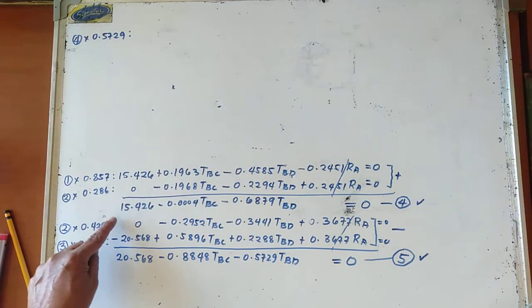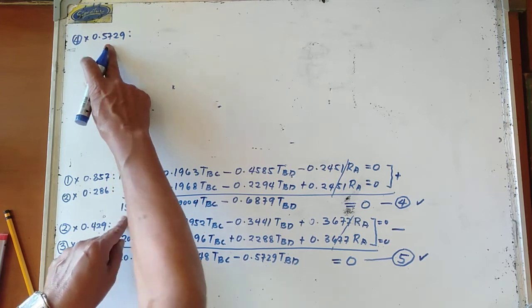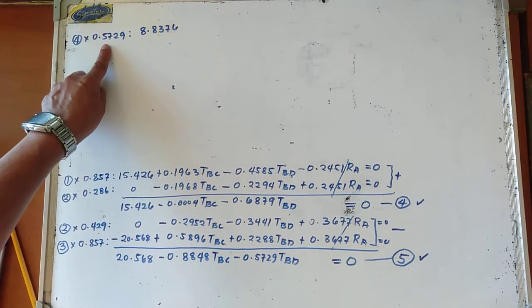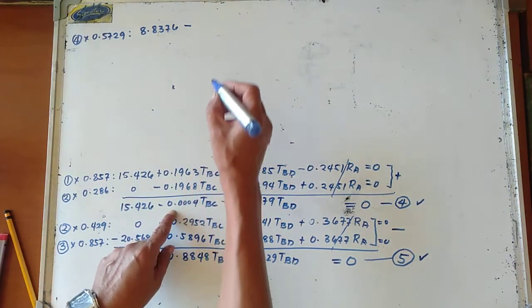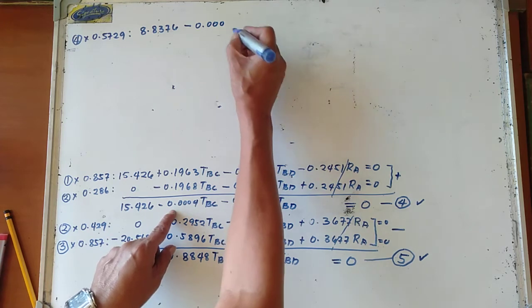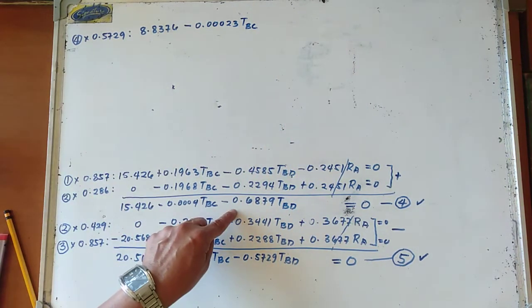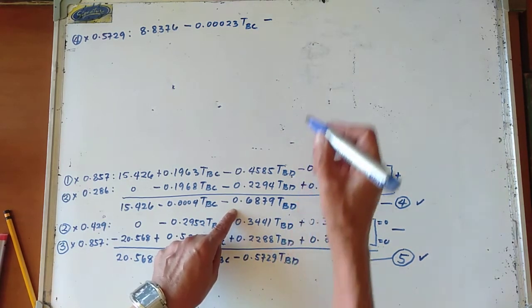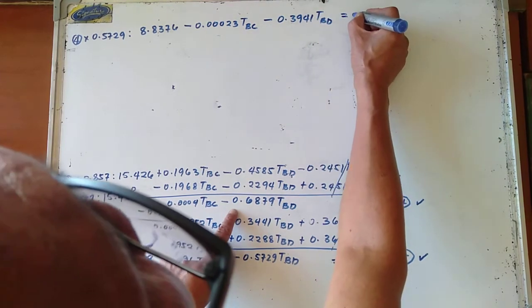So 15.426 by this one is equal to 8.8376. 0.5729 by this is minus 0.00023 T sub BC. 0.5729 by this is minus 0.3941 T sub BD is equal to 0.